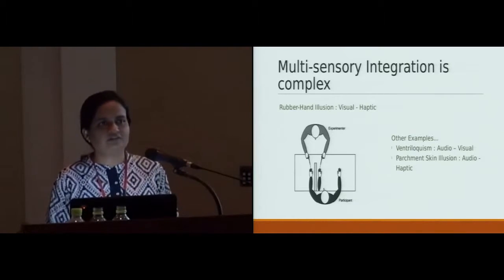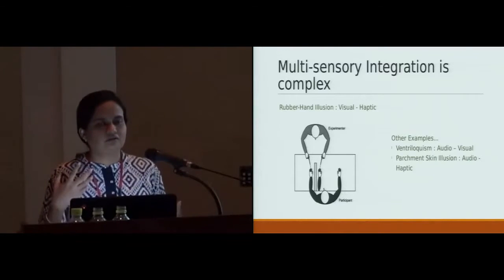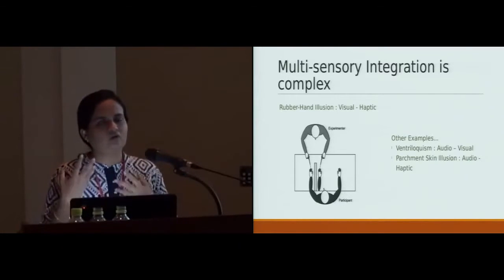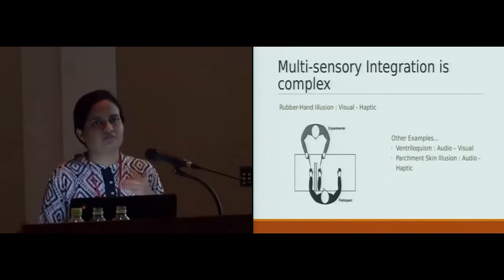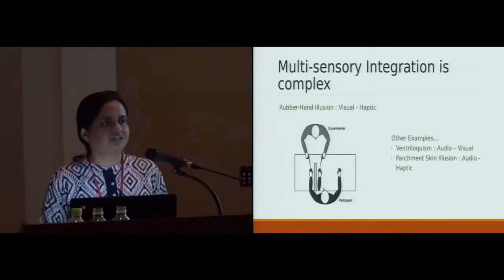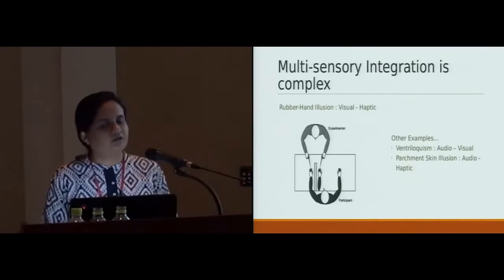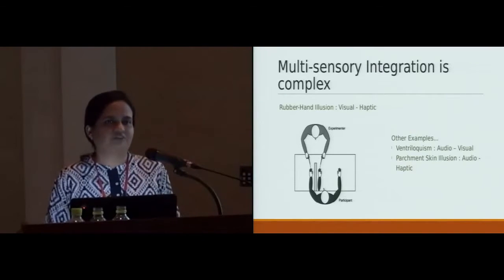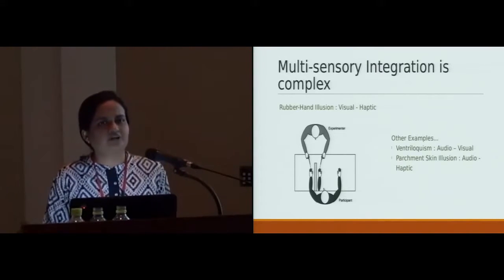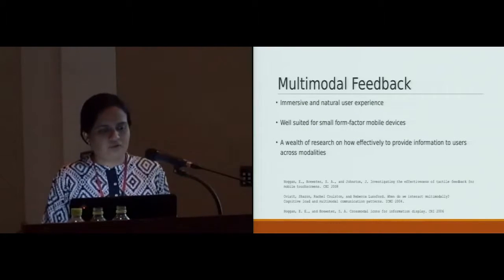When human beings get conflicting information from different sensory modalities, either one of the sensory cues could override the cue from the other sensory domain, or you could get a completely novel percept. There are many classic examples in literature like the rubber hand illusion, the ventriloquist effect, and the parchment skin illusion, for any combination of modalities you could think of.